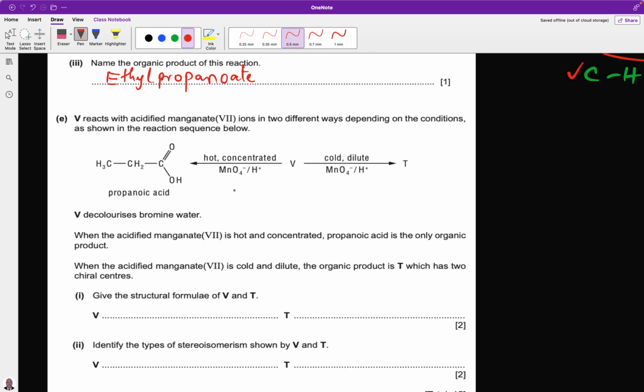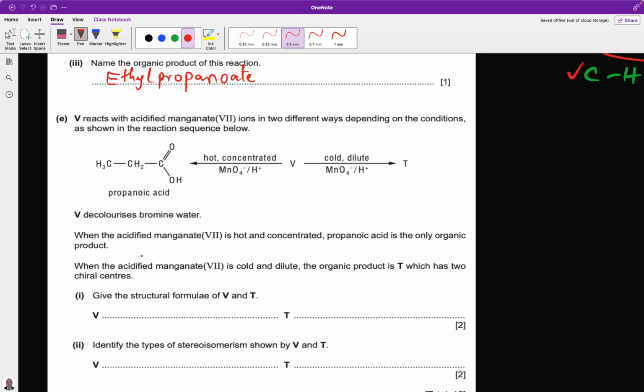Lastly, if the end of the double bond has one hydrogen atom and an alkyl group, it will result in an aldehyde. And remember, aldehydes undergo oxidation to carboxylic acid.